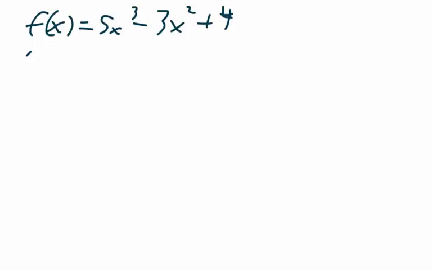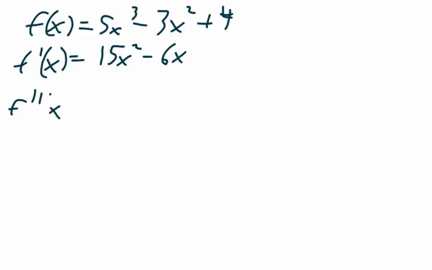One last thing, let's say f of x equaled, if I want to take the first derivative of something like 5x cubed minus 3x squared plus 4, I would get 15x squared minus 6x. Then, of course, you can always take a second derivative, and it's exactly what you would think. 15 times 2 is 30, minus 6.